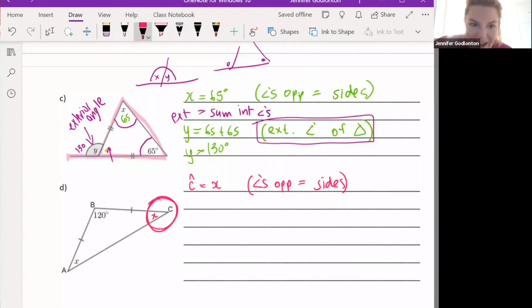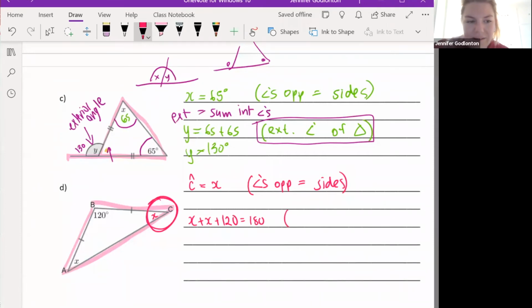Now that I know that, you can go back to what you first started with. What can I write as my sentence now? You can write x equals 30. Oh no, I can't jump there straight away. What would my whole equation be? What's my full triangle? X plus 120 equals 180. Good.